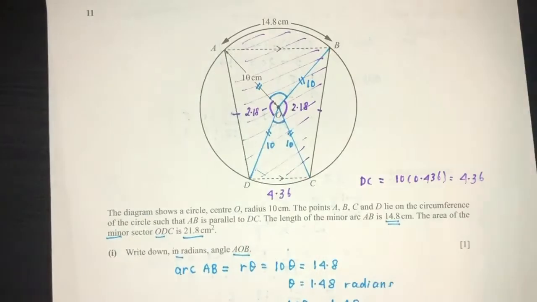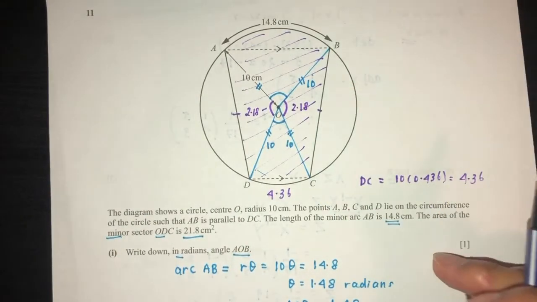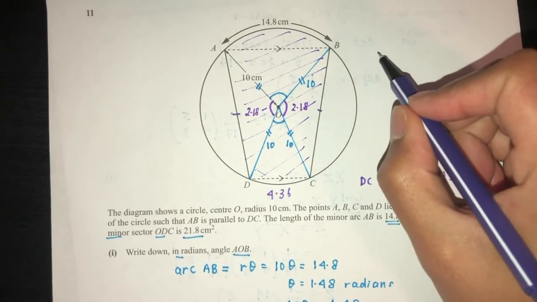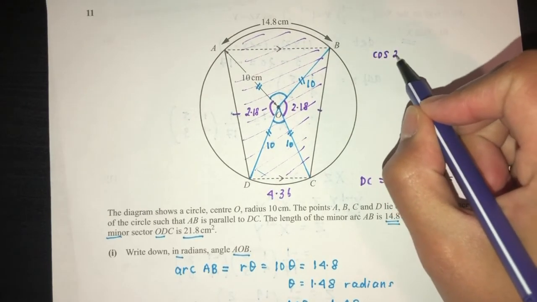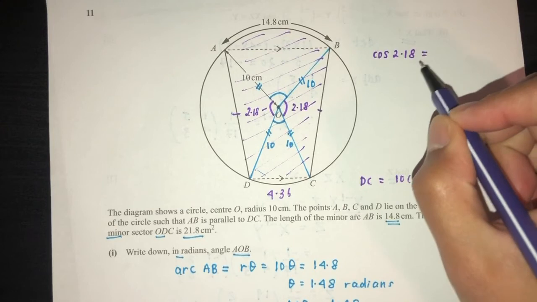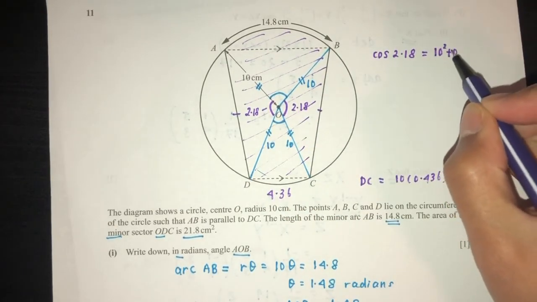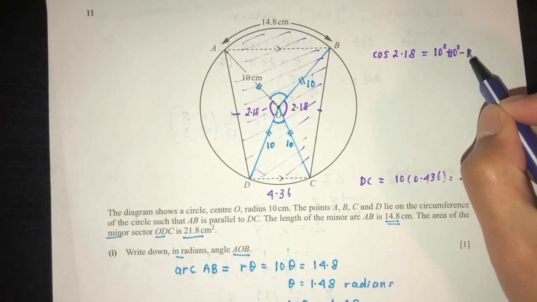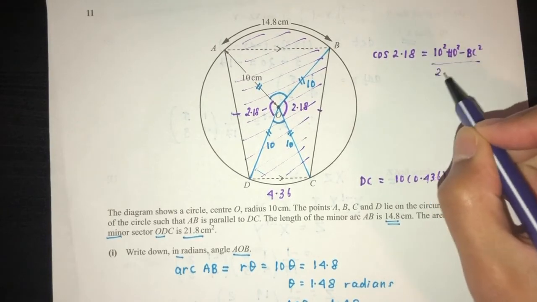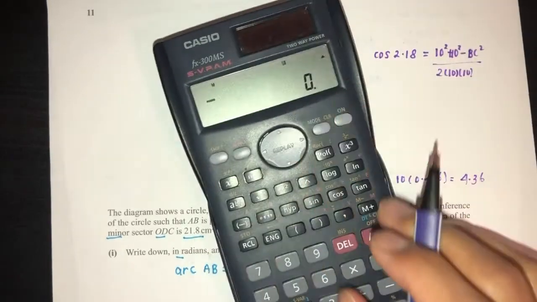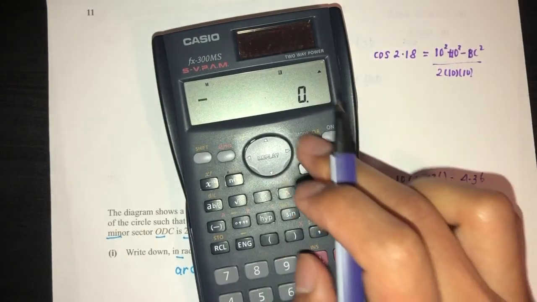Now to find this length BC, we have to use the cosine rule. Let's do cos of the angle 2.18 is equal to 10 squared plus 10 squared minus BC squared, divided by 2 times 10 times 10. Now simplify. We have radians as the mode.